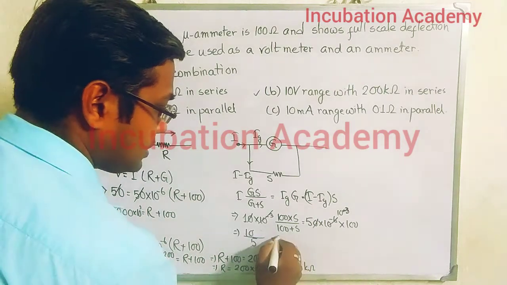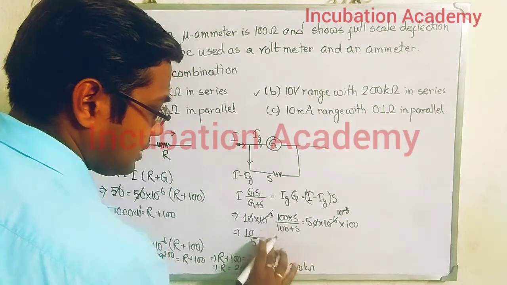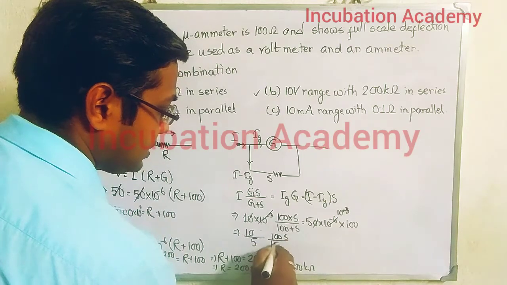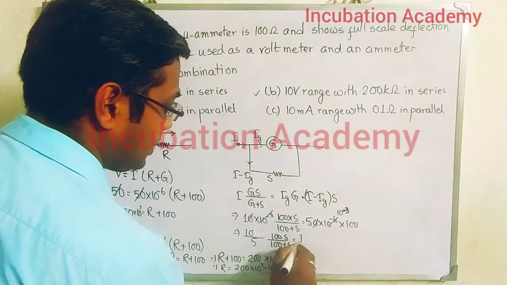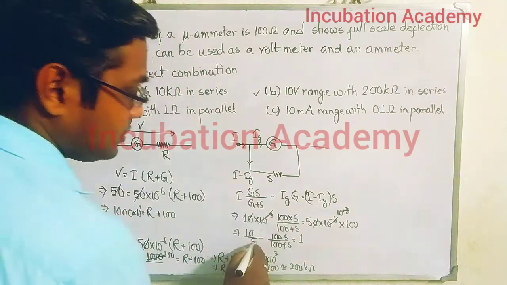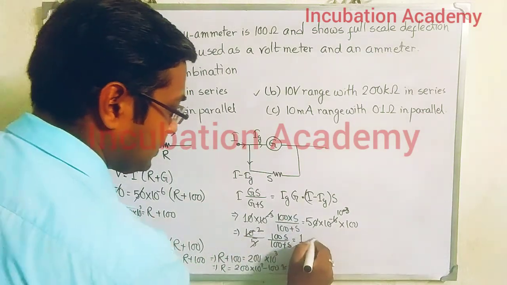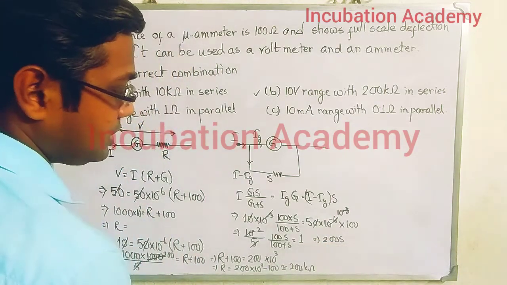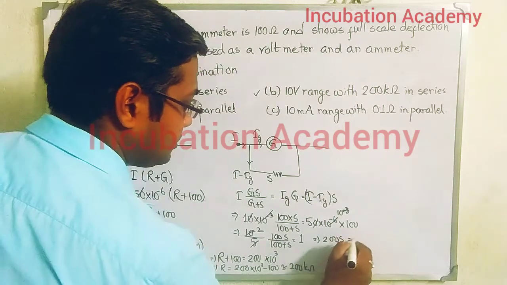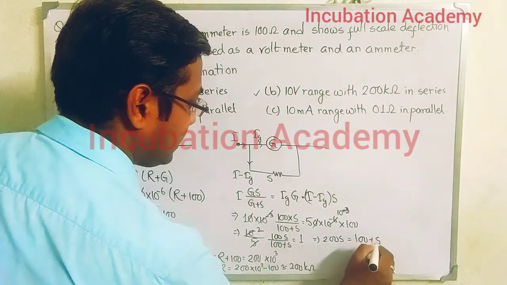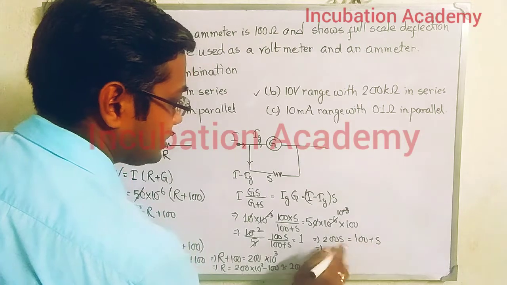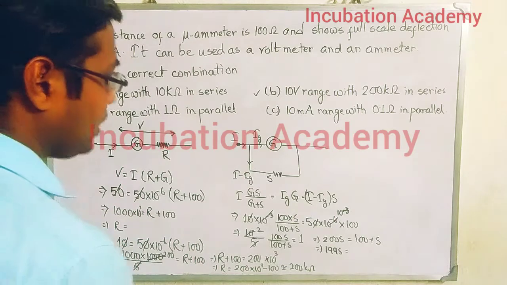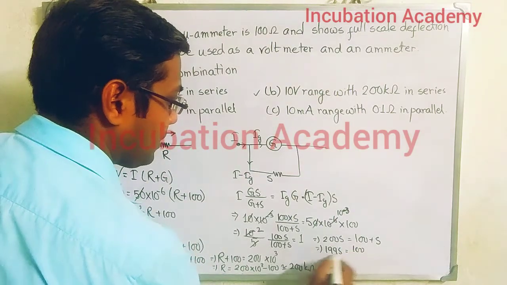Now, 100 S divided by 100 plus S equals 1, a simple calculation. So 200 S equals 100 plus S. Taking it this side, it is 199 S, or approximately 200 S, equal to 100.